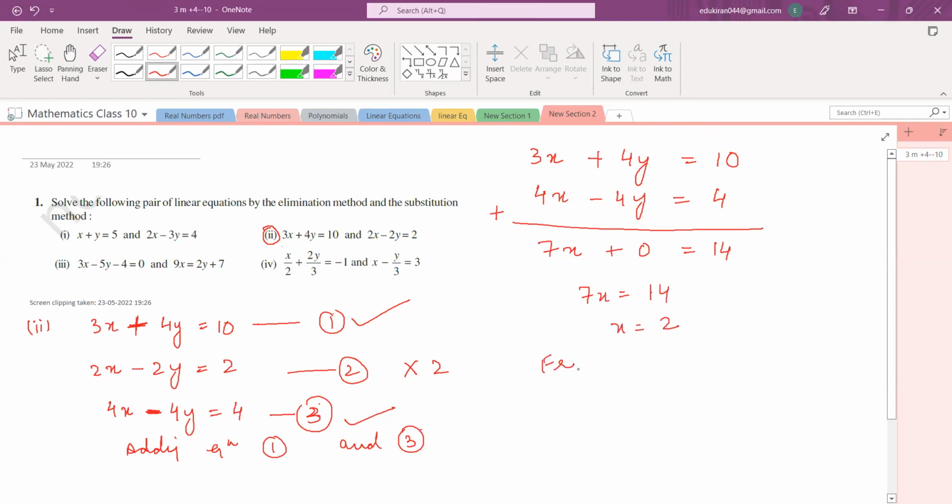Now you substitute it anywhere. So from equation 1, let's say, 3 into 2 plus 4y is equal to 10. So 6 plus 4y is equal to 10, and 4y will be 10 minus 6, which is 4. So this will give you y is equal to 1.